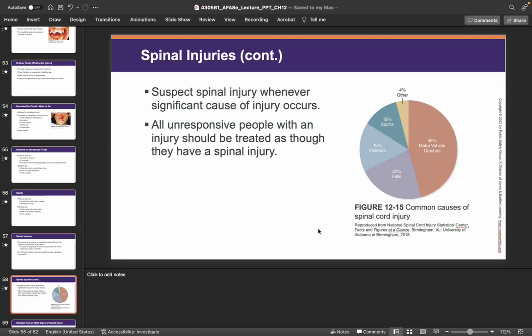Things like car crashes, things like big accidents. Okay? Anytime somebody's unresponsive and you don't really know where the injury came about, you should suspect a spine injury. Okay? That needs to be ruled out before we're moving the person.